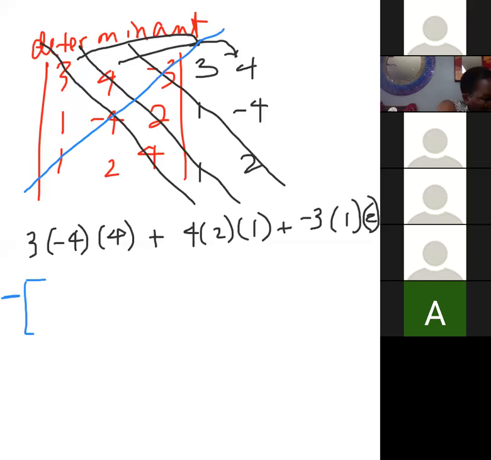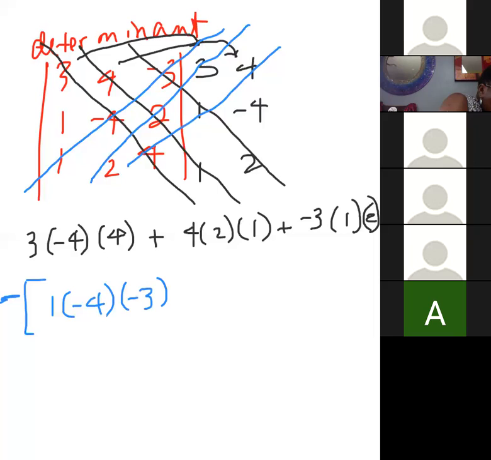This one and this one, just like we did with the other one, we're going to multiply them, but we're going to have to subtract. So we do 1 times -4 times -3 plus 2 times 2 times 3 plus 4 times 1 times 4, guys.